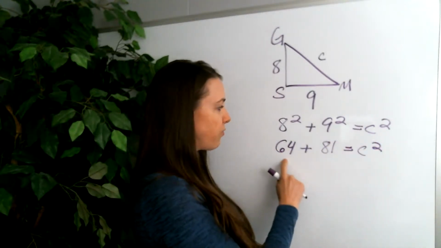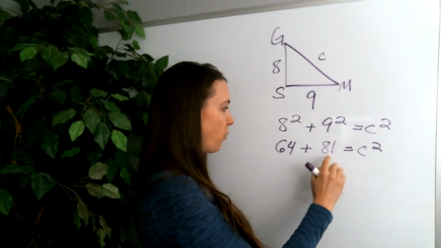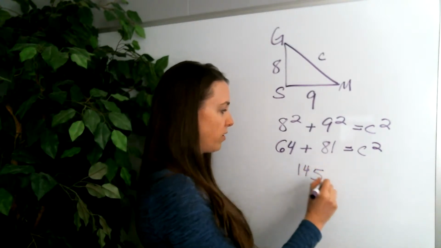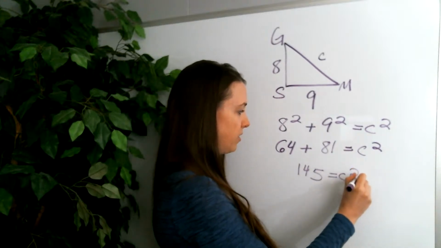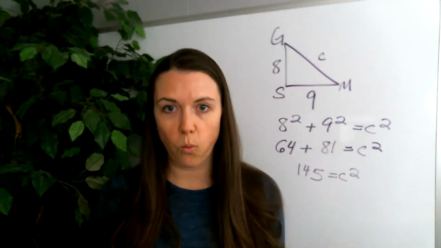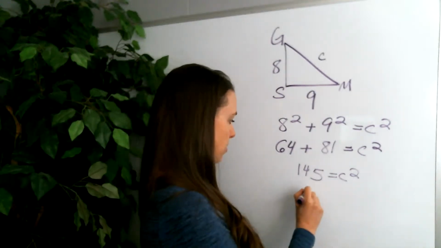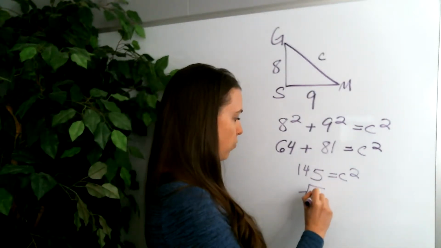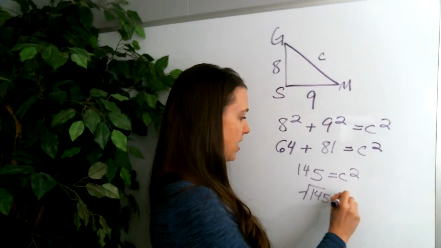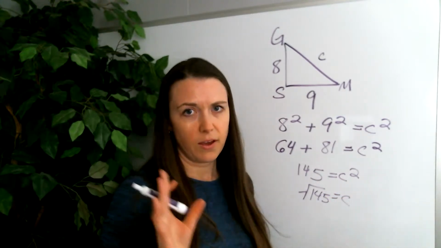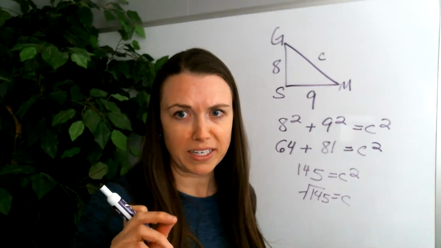Okay, so 64 plus 81. So I've got my 145 equals c squared. And now let's figure out what is c. So I'm going to take the square root. The square root of 145 equals c, and it ends up being, okay, this is not exact, but it's close.